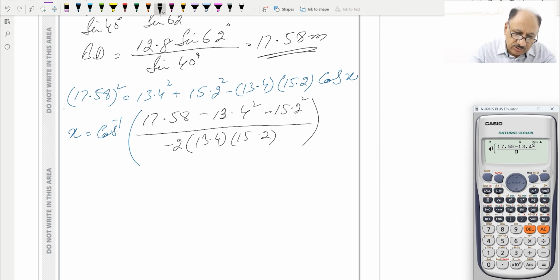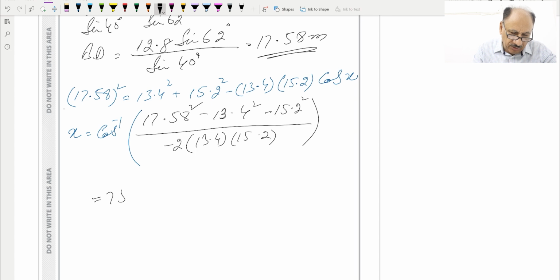We missed this square basically over here, so I will write square over here, and then 13.4 square minus this will be 15.2 square, and over this will be minus 2 into 13.4 and 15.2, and this bracket close is equal to 75.6 up to 1 dp or 3 significant figures.